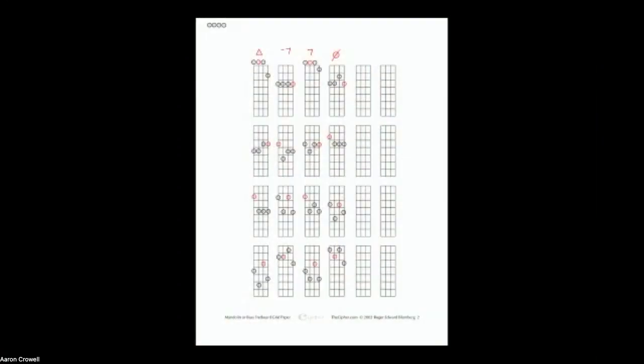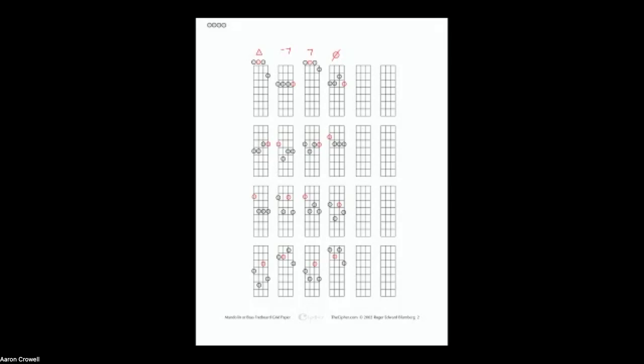Now check this out. Because we have a position on each one where the root is on one of the 4 strings, right? Every one of those has a root on each of the strings. So if we look at our major 7, it starts with the root on 3rd, then root on 1st, root on 4th, root on 2nd. Same thing with the dominant, right?